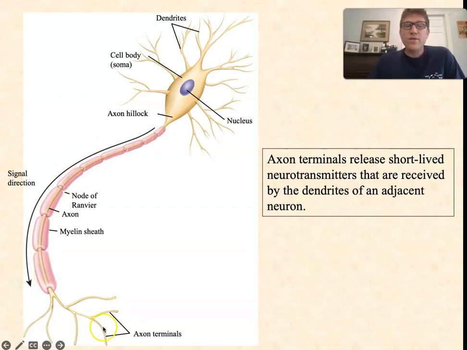And at the axon terminals, it needs to respond by releasing short-lived neurotransmitters. Those short-lived neurotransmitters are only going to be picked up by the next set of dendrites that are intertwined with these axons here. In other words, they're going to move a very short distance and be very short-lived.